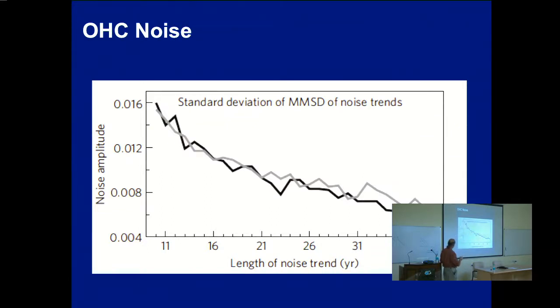So my noise amplitude will be large. As I take longer and longer segments in that time series, my noise actually goes down. Okay? So I have one segment, right, that's in the observer, but by taking longer and longer trend lengths, I'm actually reducing the noise, thereby increasing the signal to noise ratio.